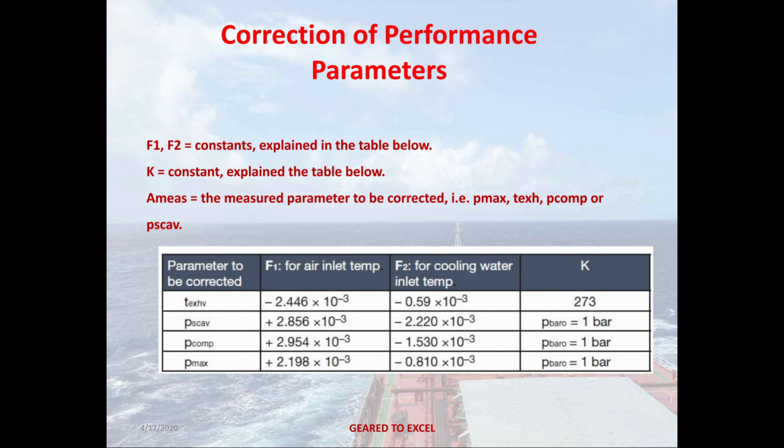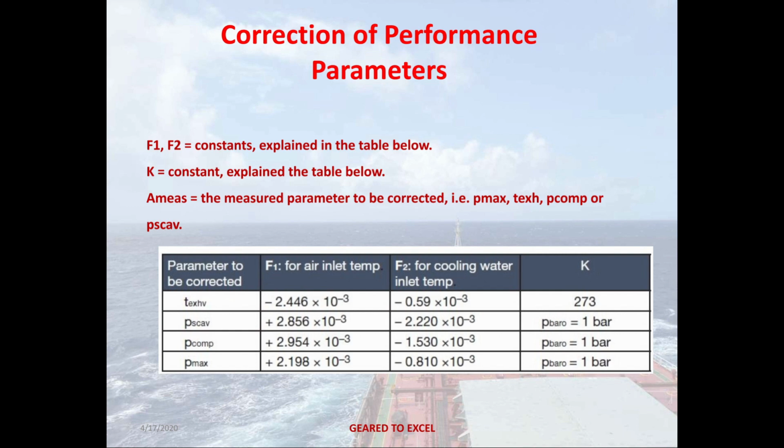A measured is the measured parameter to be corrected, that is maximum pressure, exhaust temperature after the valve, compression pressure, or scavenge pressure. So these are the parameters which require to be corrected, and these are the values given here for the air inlet temperature and cooling water inlet temperature, and this K is the constant.